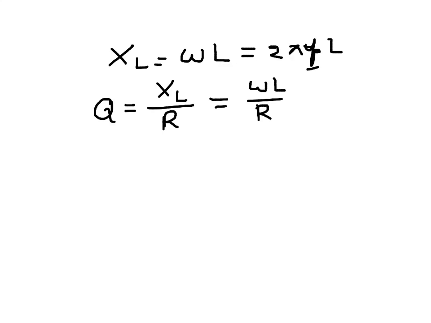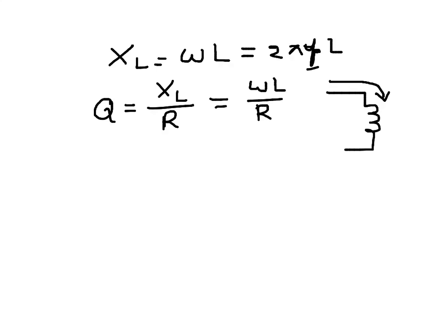Now what we have seen for inductance is that when the current keeps increasing or decreasing, the inductance doesn't allow the current to change instantaneously. So work needs to be done to overcome that opposition, and that work is stored as energy in the inductor.